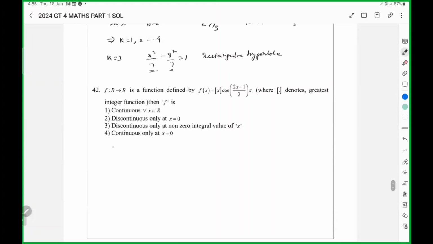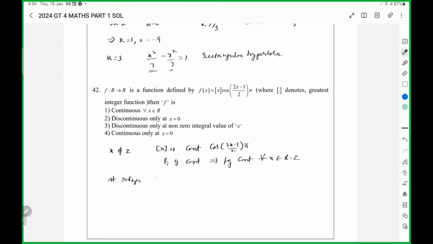Here, then x is not an integer, step is continuous, cos function obviously continuous, f continuous, g continuous, fg continuous for all x belongs to R minus Z. Now let us check at integers.